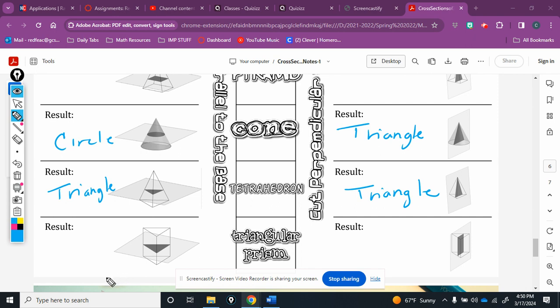For the triangular prism, if it's left to right, you should have a triangle and a rectangle. Okay. So that's all you need to know right now about cross sections and rotations. All right.